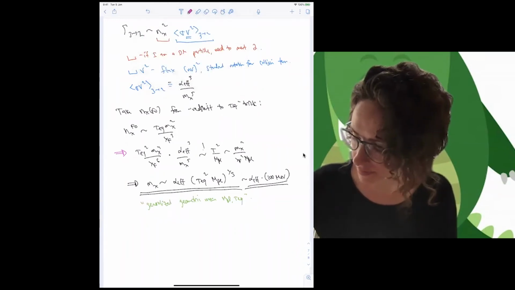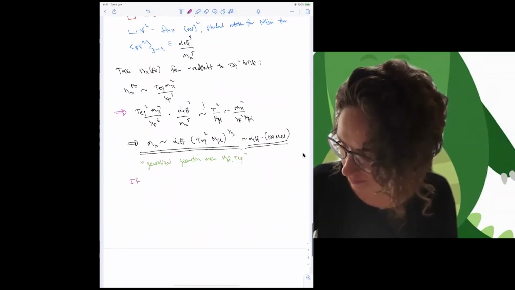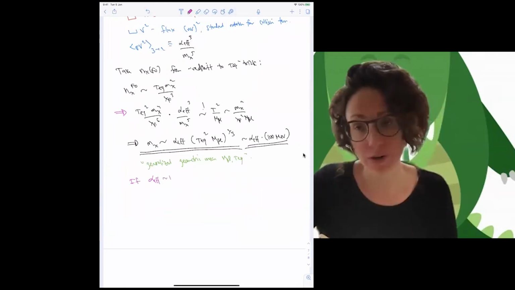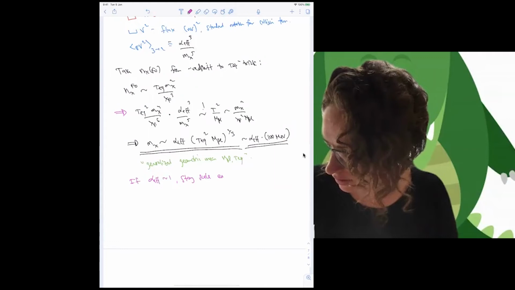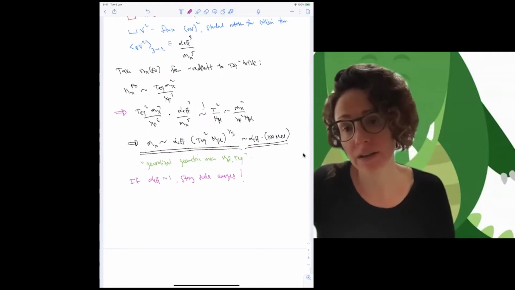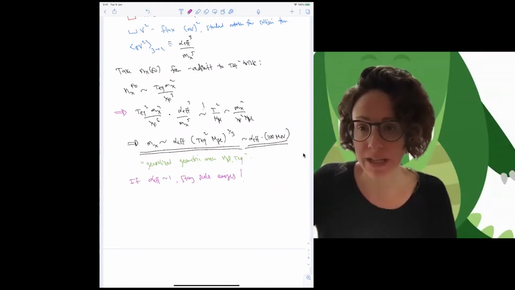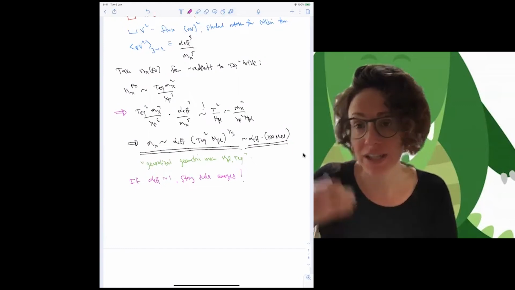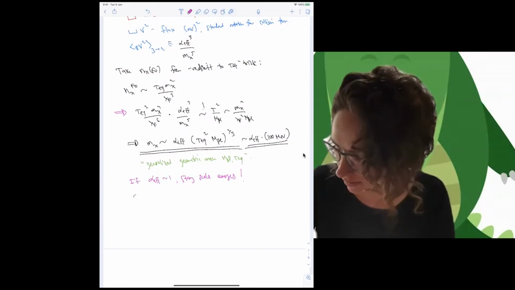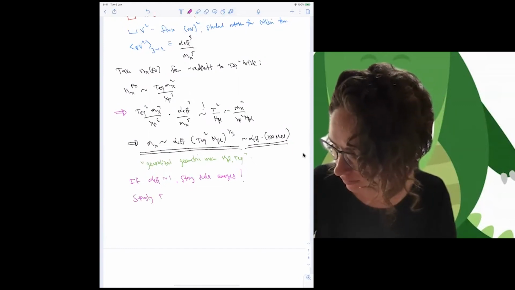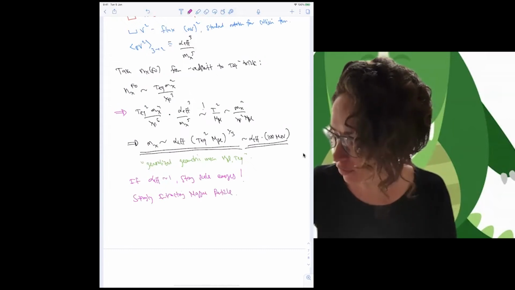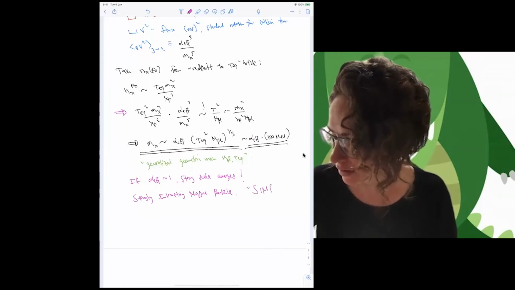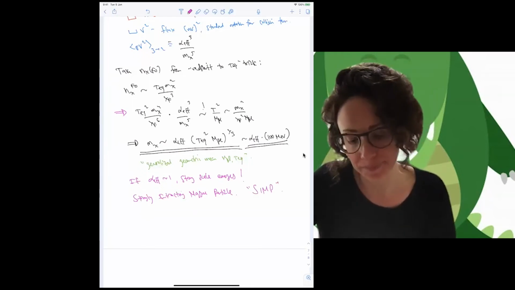So if alpha effective is of order a strong coupling, then now the strong scale emerges, okay? And so instead of a weakly interacting massive particle, what we now have is a strongly interacting massive particle. Or instead of a WIMP, what we now have is a SIMP, okay?